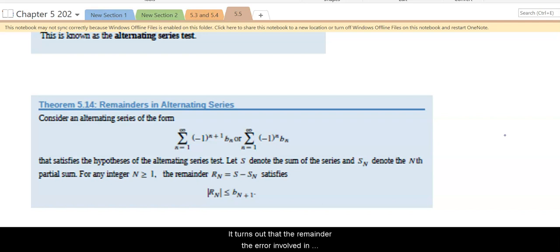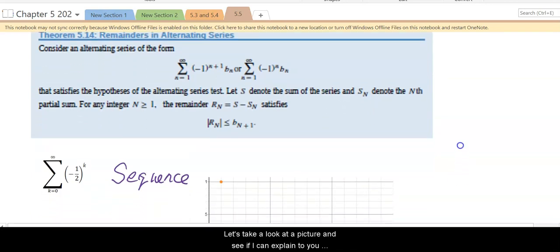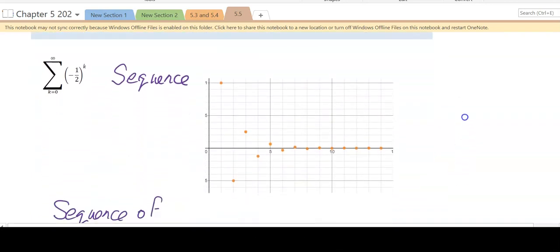It turns out that the remainder, the error involved in approximating the infinite sum by using the first n terms only, has to be less than or equal to the value of the next term in the sequence, stripped of the positive or negative. The reason is the remainder must be between s minus s sub n. Let's take a look at a picture and see if I can explain to you why this must be so.